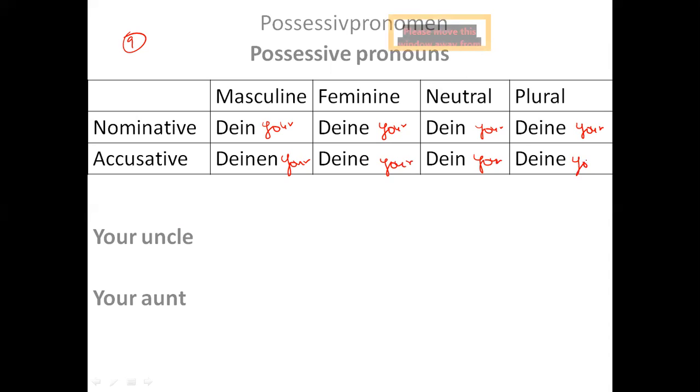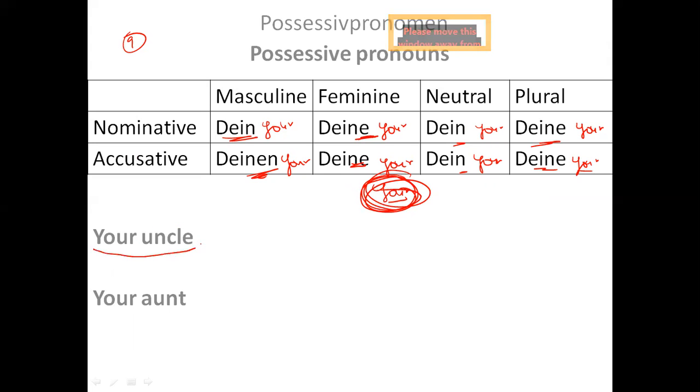So all the words give you the same meaning: your. In English, only one word, your. But in German, we have different words. Dein, deinen, deine, deine, dein, dein, deine, deine. That depends. So for your, we have different words. The concept will remain the same.